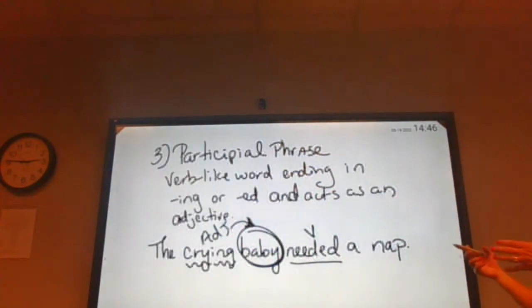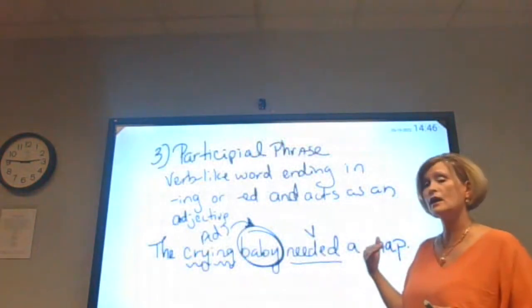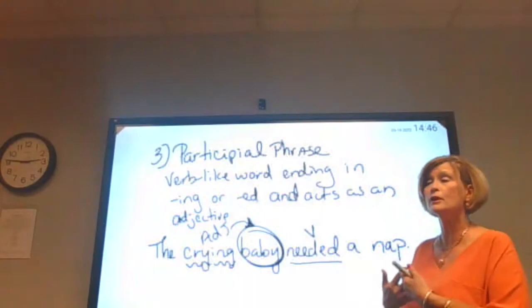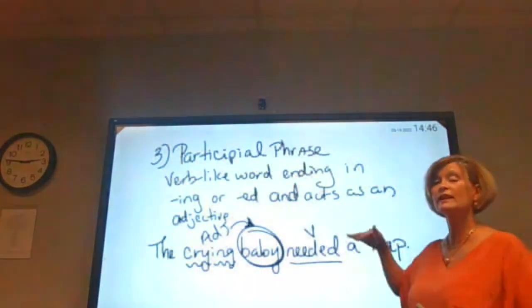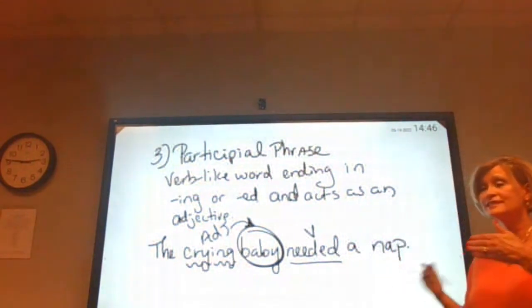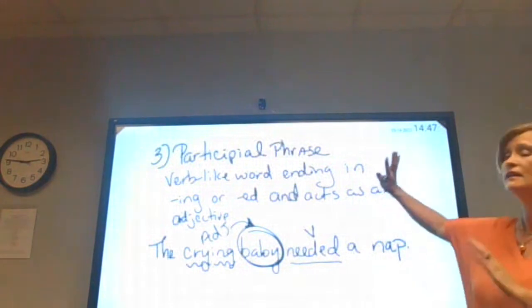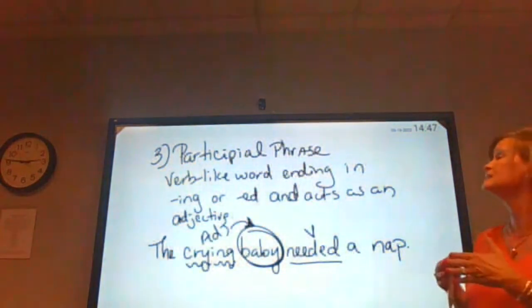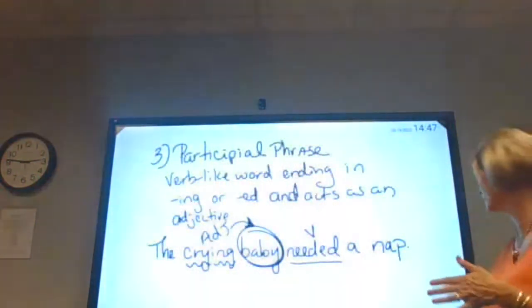Okay. So one thing that we'll look at is if your sentence starts with a gerund, it will not be set off with a comma. Most phrases that begin your sentence will be set off with a comma, but gerund phrases will not. So the difference between a gerund phrase at the beginning of a sentence and a participial phrase at the beginning of a sentence is that the participial phrase will be set off by a comma.